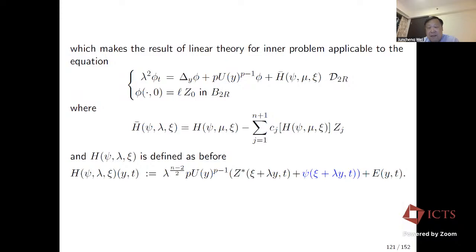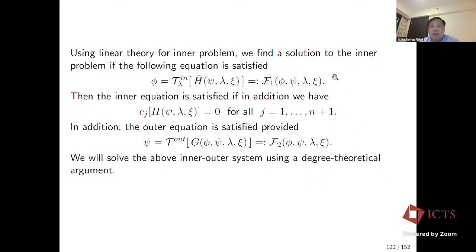And this is the effect of outer to inner. And so we found a solution to the inner problem because we found a solution to the linearized problem. We take an inverse of that one, and this becomes a nonlinear operator. The inner problem is solved after the Lagrange multiplier, so we also need the Lagrange multiplier to equal 0.